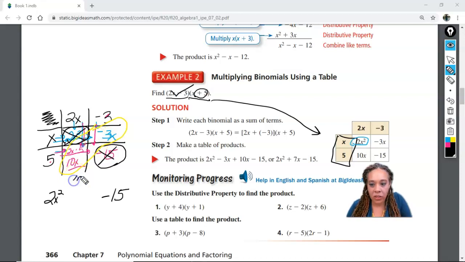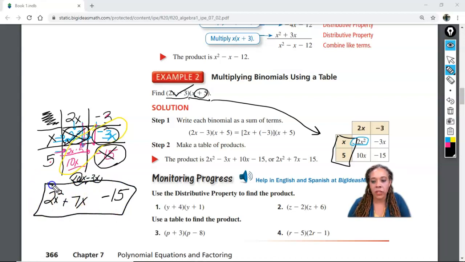I basically took this 10x, put this minus 3x next to it, and that looks like a math problem. So 10 minus 3 is 7x. The only thing I really have to think is, is that a positive or a negative? Well, 10 minus 3 is 7. It's positive 7. So you just put a plus in front of it. So there I can go ahead and get my final answer.